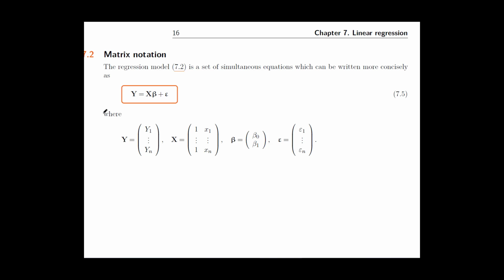Now, because in general we're going to be dealing with several factors, several x variables, it's nice to work in matrix notation.